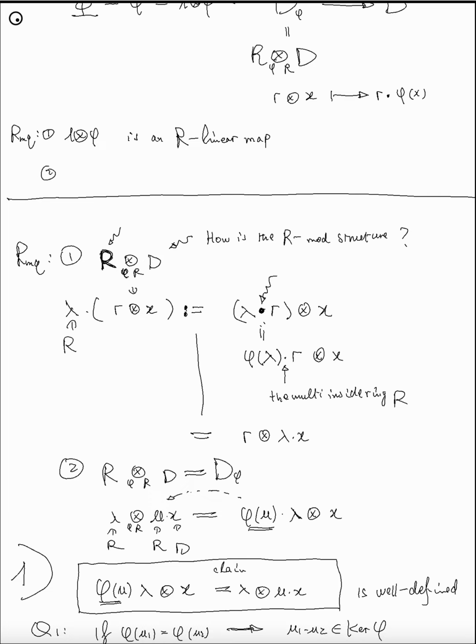Okay, secondly, let's check. Actually we don't have to check, we already checked everything we want, but just to convince you, let's check that this is really a linear map, even compatible with the R-module structure we just described over the D_phi.